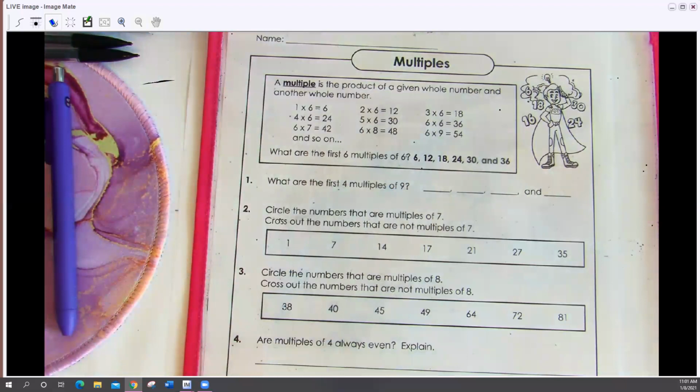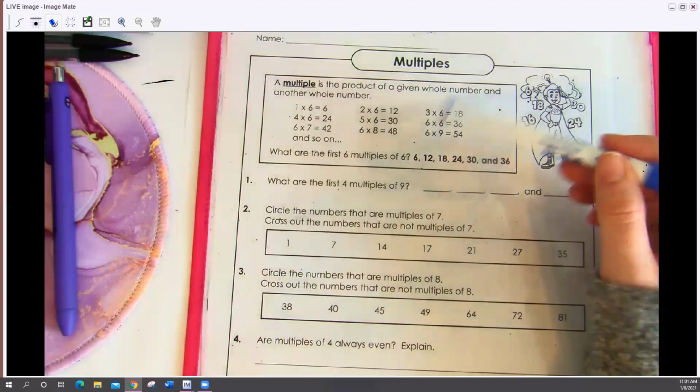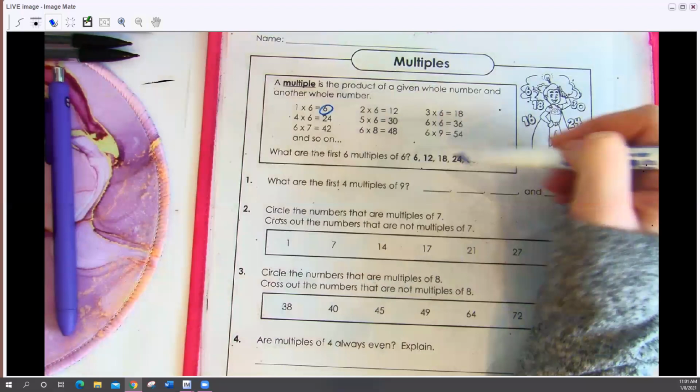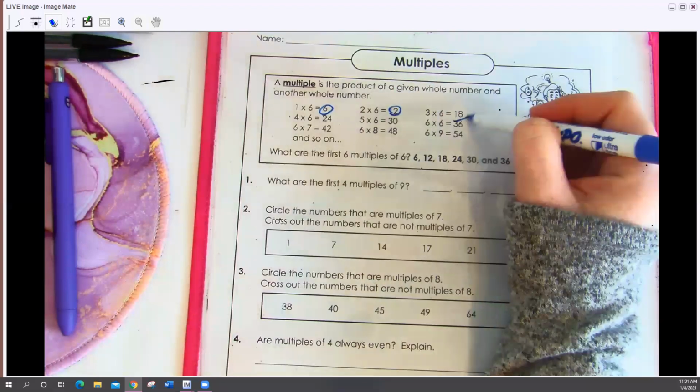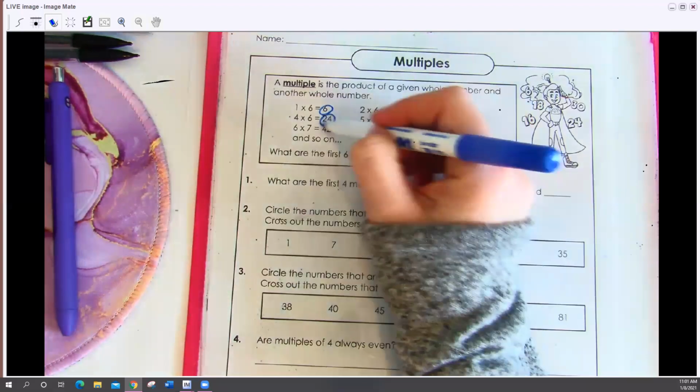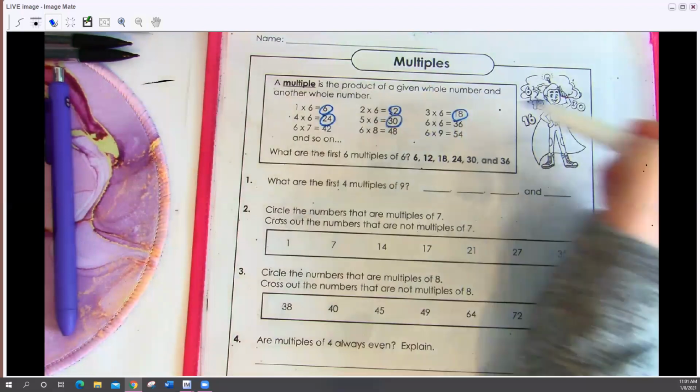So 1 times 6 is 6, 2 times 6 is 12, 3 times 6 is 18, 4 times 6 is 24, 5 times 6 is 30, 6 times 6 is 36, 6 times 7 is 42, 6 times 8 is 48, 6 times 9 is 54, and so on. So the first 6 multiples of 6 are 6, 12, 18, 24, 30, 36.